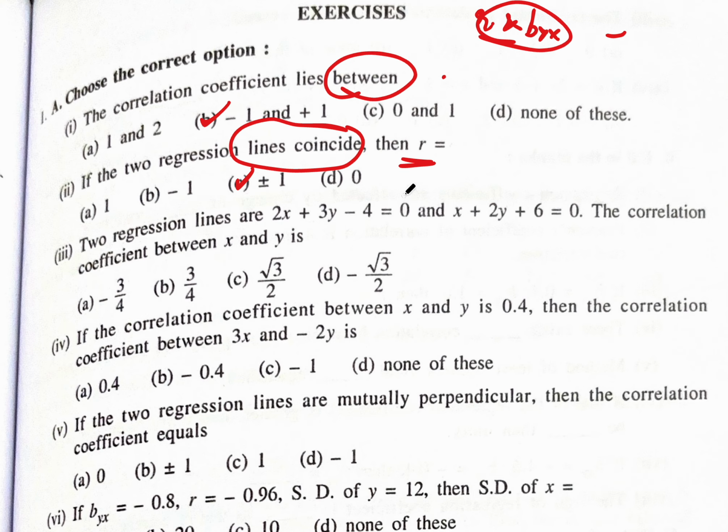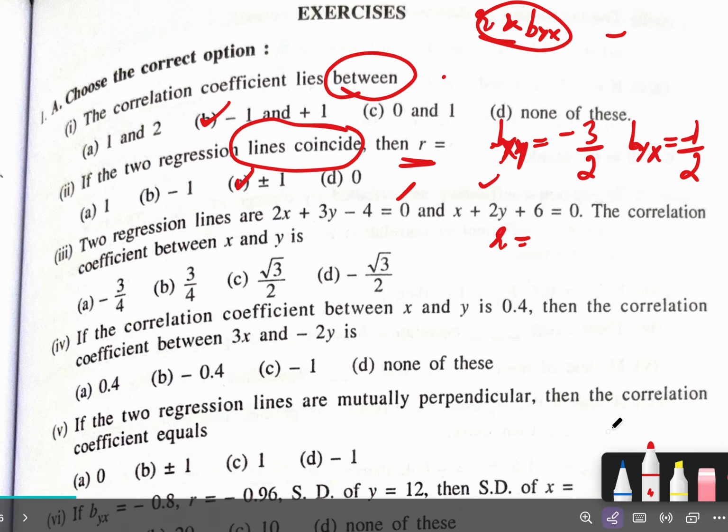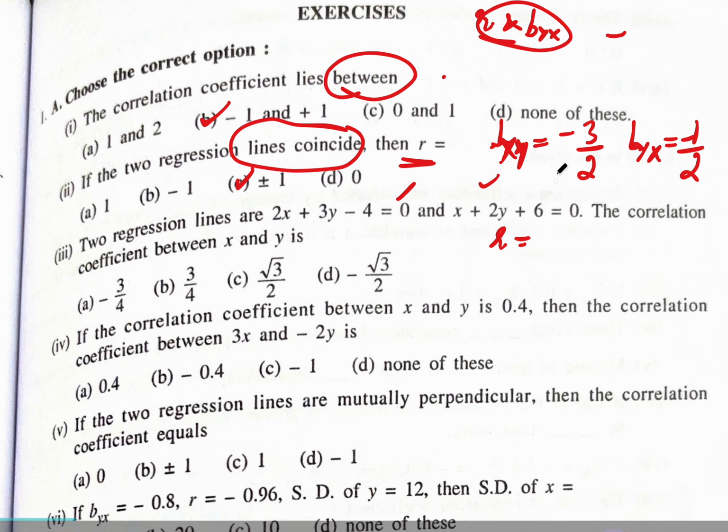Now if there are two regression lines like this and this, let's say b of xy is -3/2, b of yx is -1/2, then the whole R comes out to be, this is my xy, yes, -3/2, and this is my yx, -1/2.